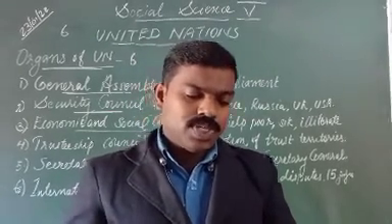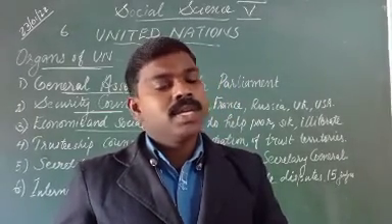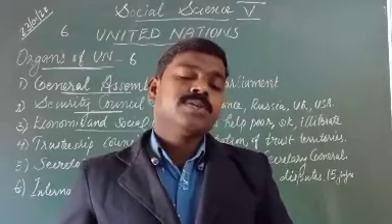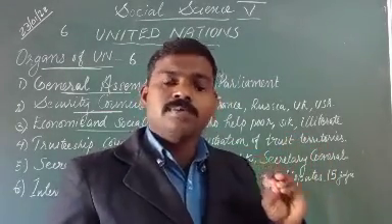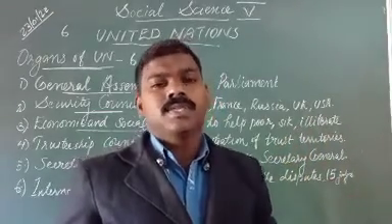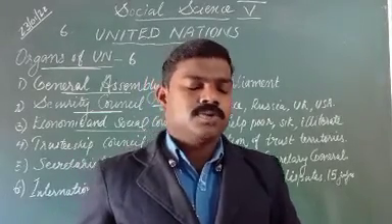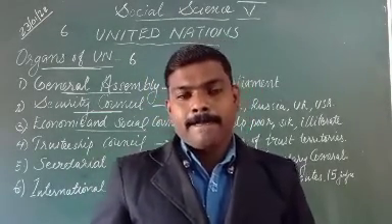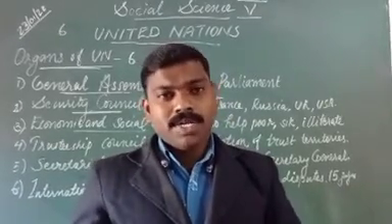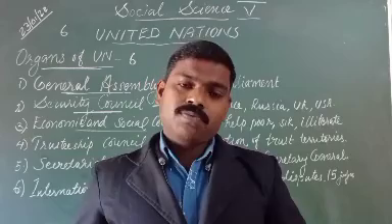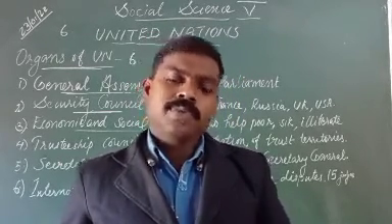The rest of the 10 are elected for a tenure of 2 years. These 5 are there continuously or permanently in the Security Council. The remaining 10 are elected from different member countries for 2 years. After 2 years, another 10 countries join in their place.